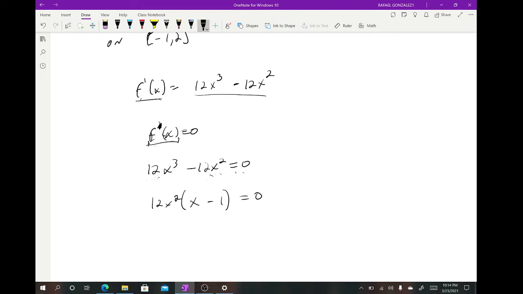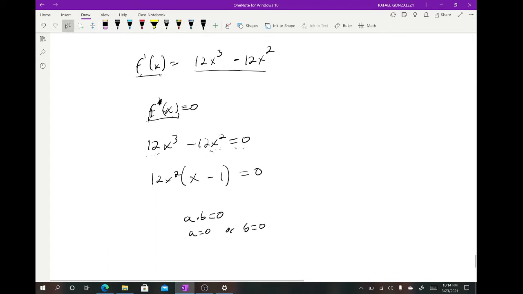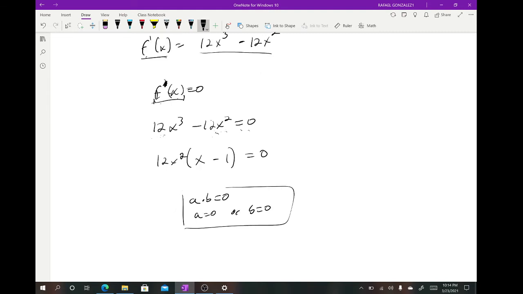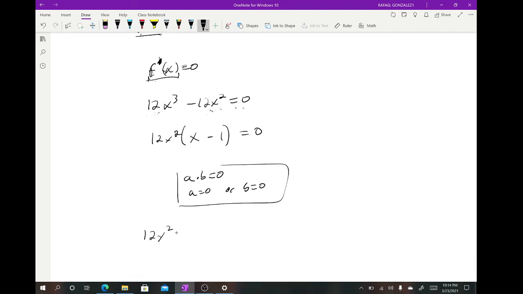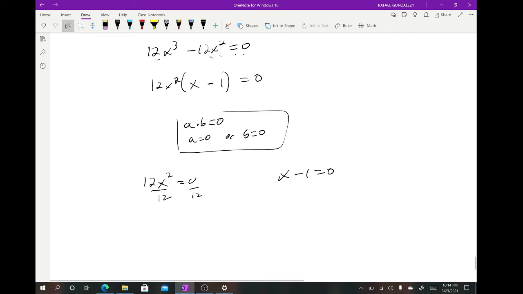By the zero product principle, if a times b equals 0, then either a equals 0 or b equals 0 or both. So 12x^2 = 0, and x - 1 = 0. For the one on the left, divide both sides by 12 to get x^2 = 0, and taking the square root, x = 0.